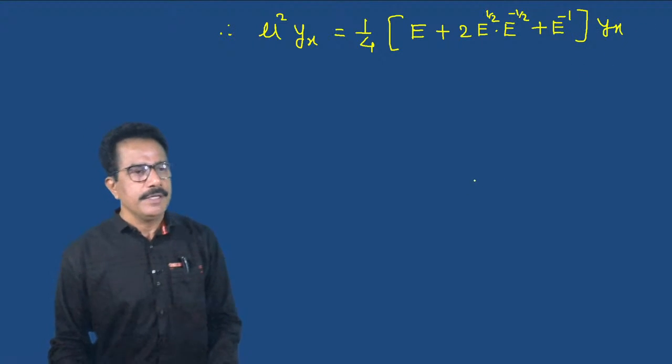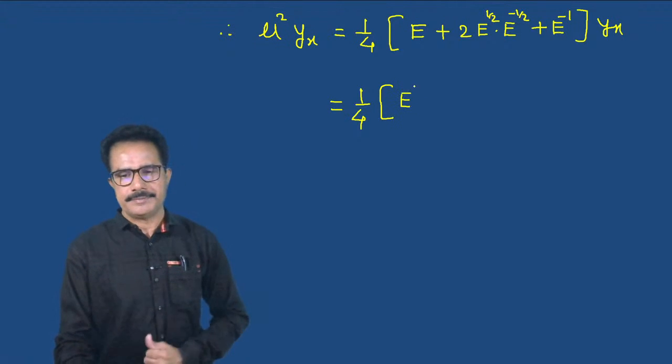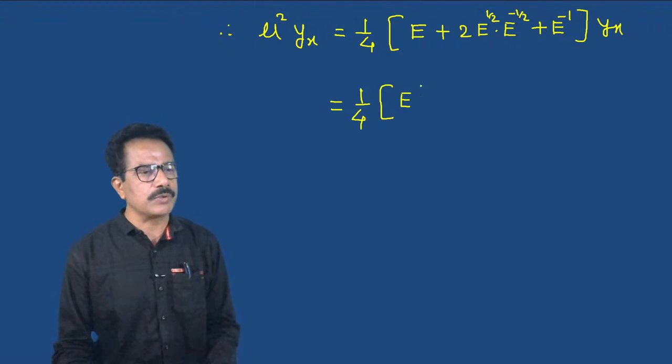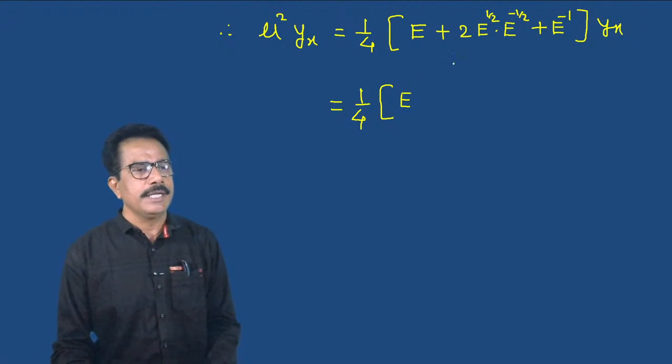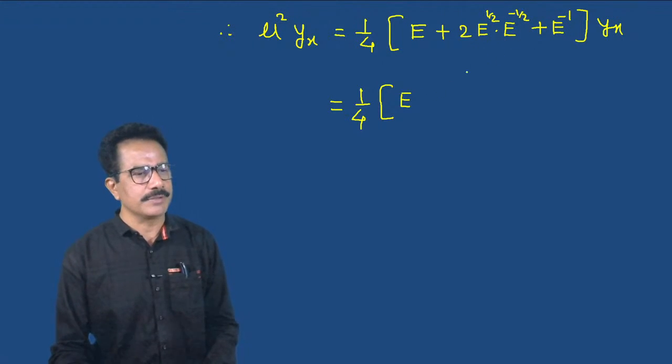Okay, so we can write this as 1/4 e. Now we can also write this as e raised to... so this can be written as a 4.